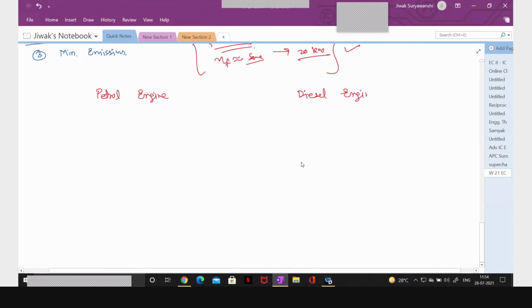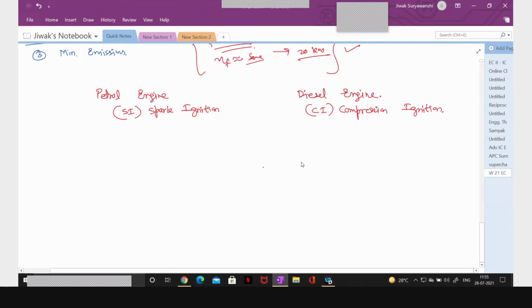So now this is another way of classification, and this is known as spark ignition engine, SI, spark ignition. And this is CI, that is compression ignition. Okay. So this is another way of classification.